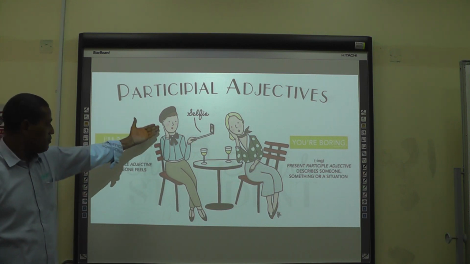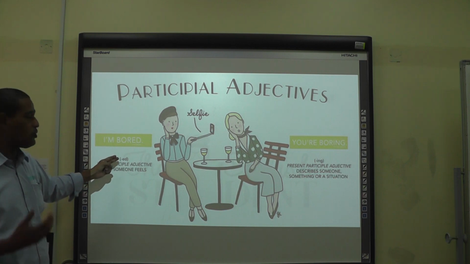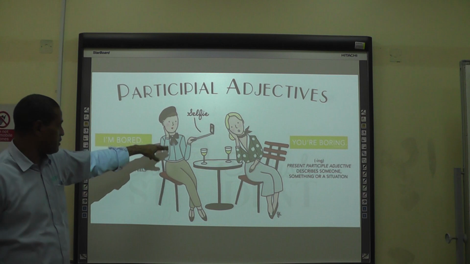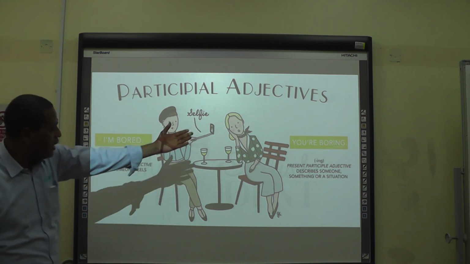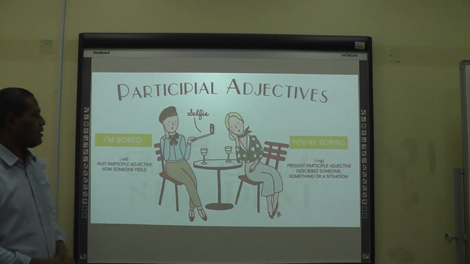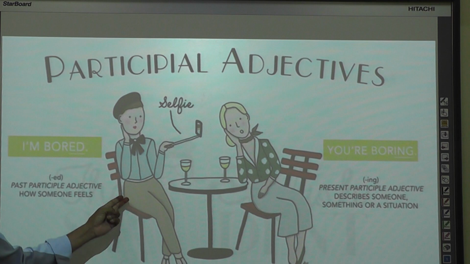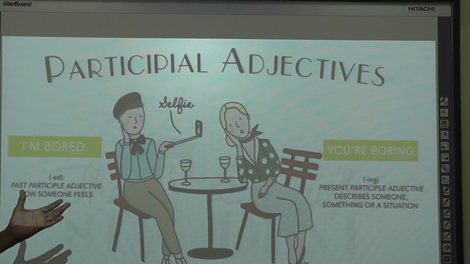Here, Mary is describing how she feels. She said, "Oh, I'm bored." While there, Susan is describing Mary as a boring person. So this is the difference.